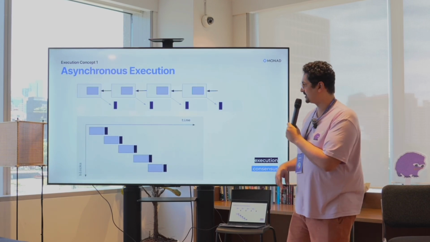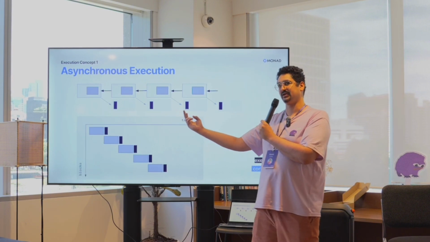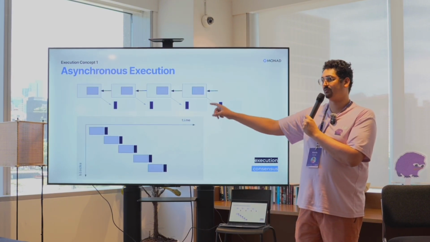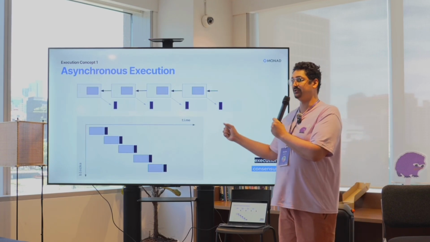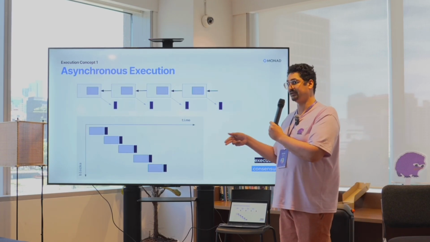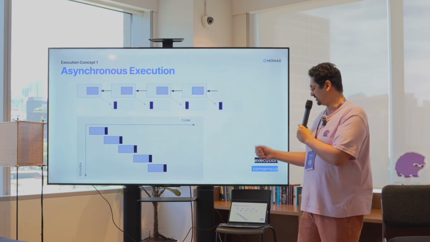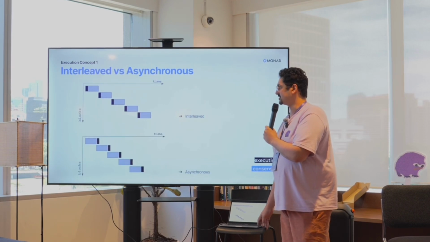The one thing you want to notice here is now consensus and execution are on different sides, right? And so we're actually coming to consensus on what the data is and what the order of the data is, and then we will execute it after we know those things, in tandem with coming to the ordering on the next block. And so if we look at them side by side, it looks kind of like that.